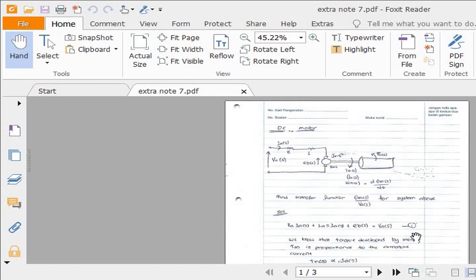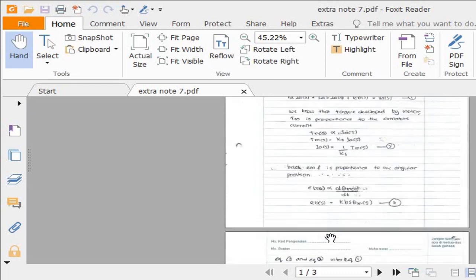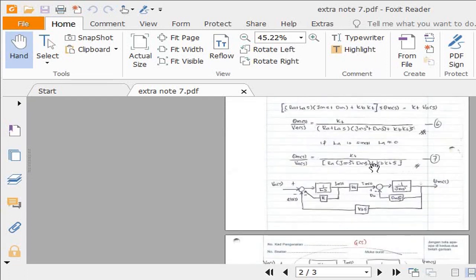You can see again it is the motor, and it is theta L(s)/V_A(s). This is the mechanism, and then at the end, yes, we get the formula, and then there is the block diagram. This is the block diagram.